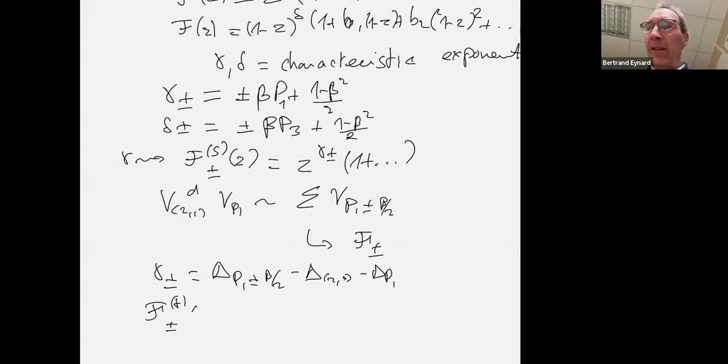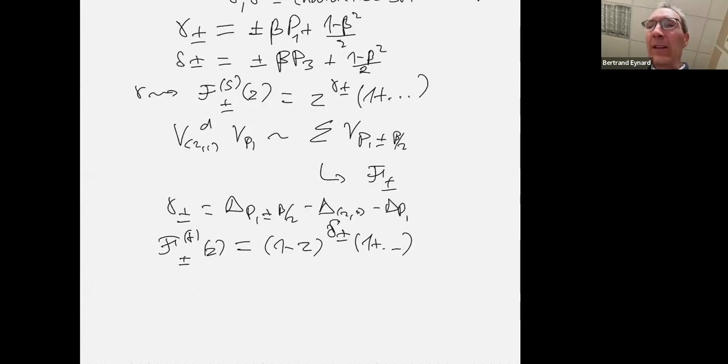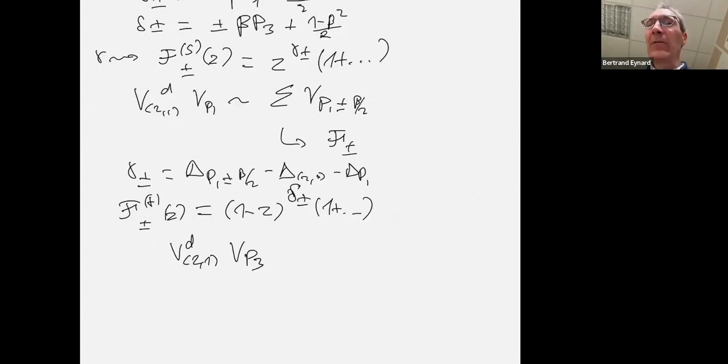They start with (1 minus z) to the delta plus minus. These solutions correspond to taking appropriate terms in the OPE of V21 with VP3. Inside our 4-point function, we can take any OPE we want, in particular here the field V21 with VP3. This OPE was also made of two primary fields, plus the descendants, which give rise to these two solutions.